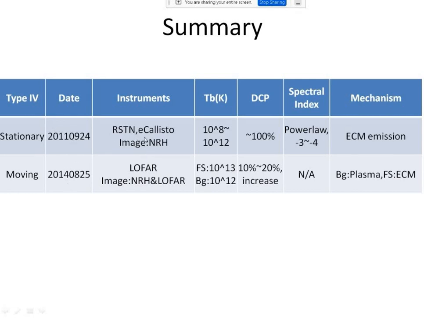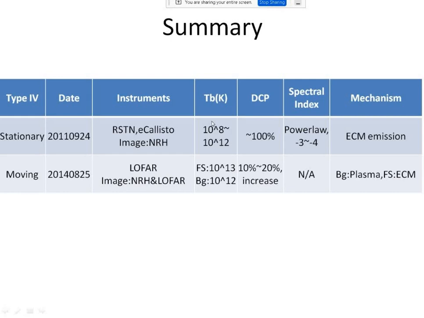For the study of the stationary type 4 radio burst, we used RSTN, eCallisto, and NRH. For moving type 4, we used LOFAR for the dynamic spectrum. On the upper part is the dynamic spectrum, on the lower part is the image. And we used not only LOFAR but also NRH for the moving type 4 radio burst.